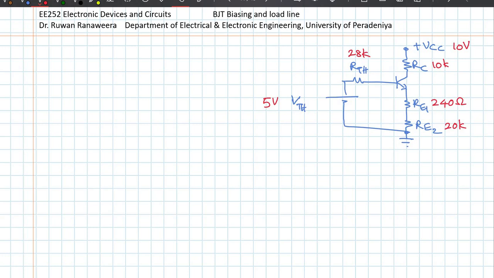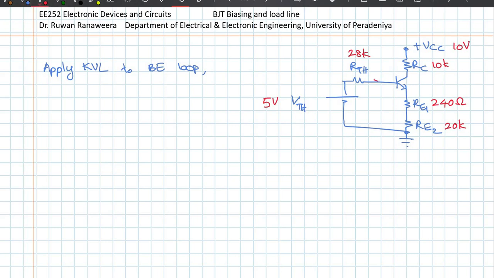Now to find my quantities, I apply the Kirchhoff's voltage law to the base emitter loop, because I want to find IB. So what are the voltages that we have in here?